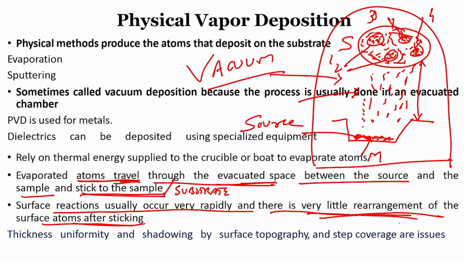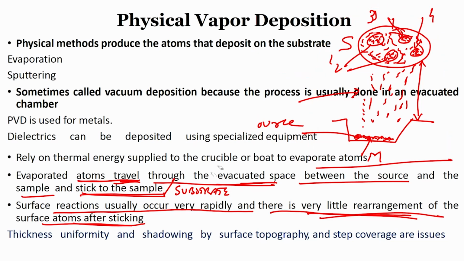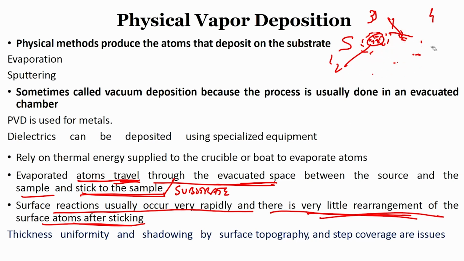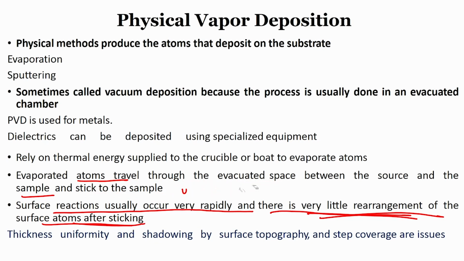Why is rearrangement of atoms required? Because if you want to deposit a polycrystalline film, then the rearrangement of atoms is extremely important. But in case of PVD, most of the time the film is not polycrystalline. Now, there are ways of making it polycrystalline, but right now we are not interested. What we are interested in is understanding PVD such that we can use it at several points in our MOSFET.